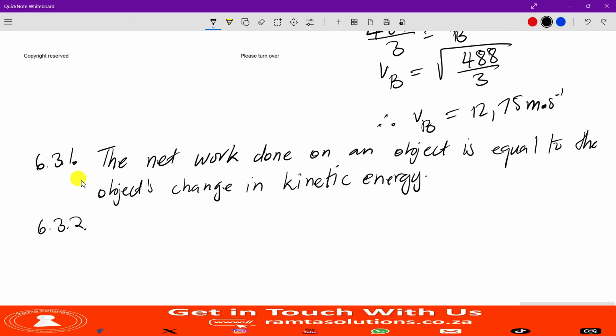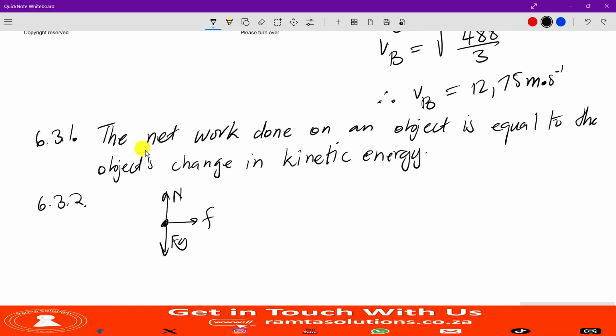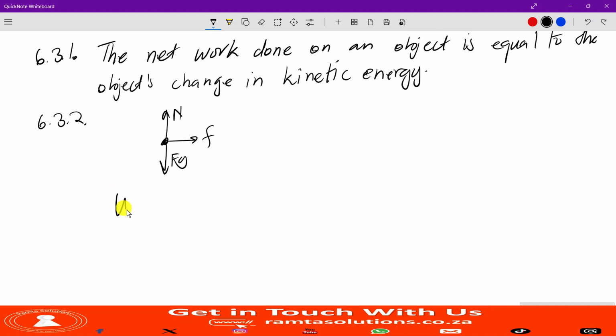So let's use the free body diagram for this system. It is normal force, gravity, and friction. There is no other force acting on the system. Can you see that? So we say net work is equal to change in kinetic energy.